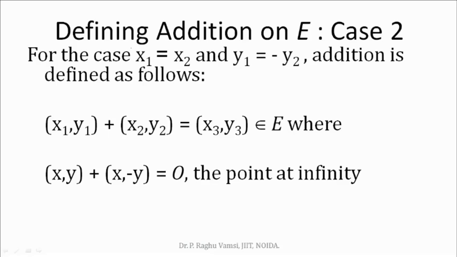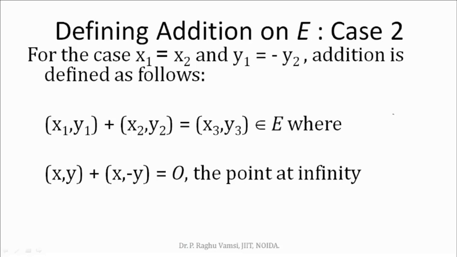If the point addition is like this, solutions are not possible because it is completely on the other side of the axis where the line cannot be passed through. That is the reason the solution is not possible. So x comma y plus x comma minus y will become the point at infinity, which is O.